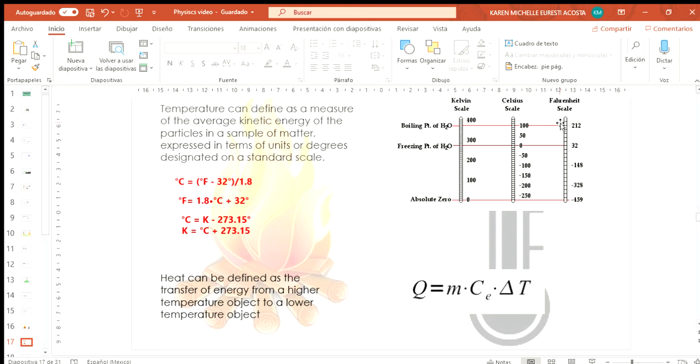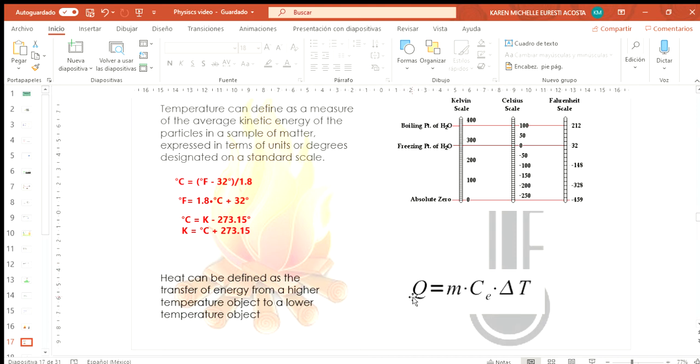And we have these formulas that will help us to get to every scale having any type of unit. And heat can be defined as the transfer of energy from a higher temperature object to a lower temperature object.